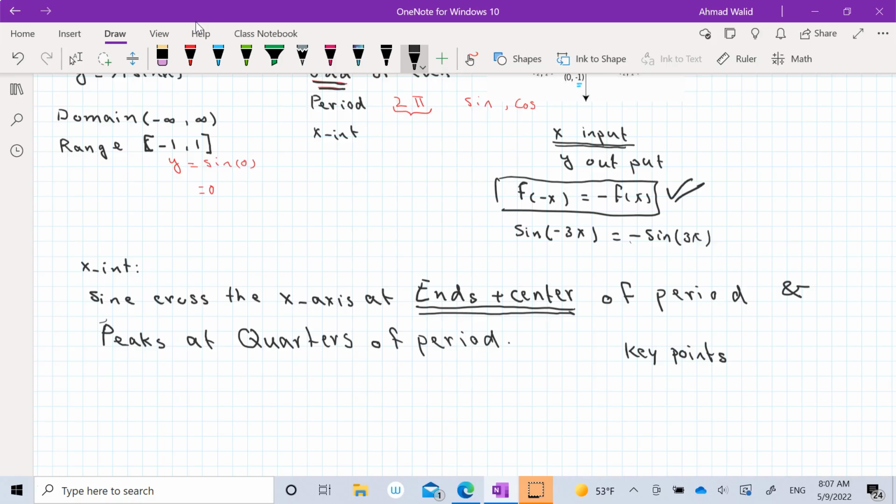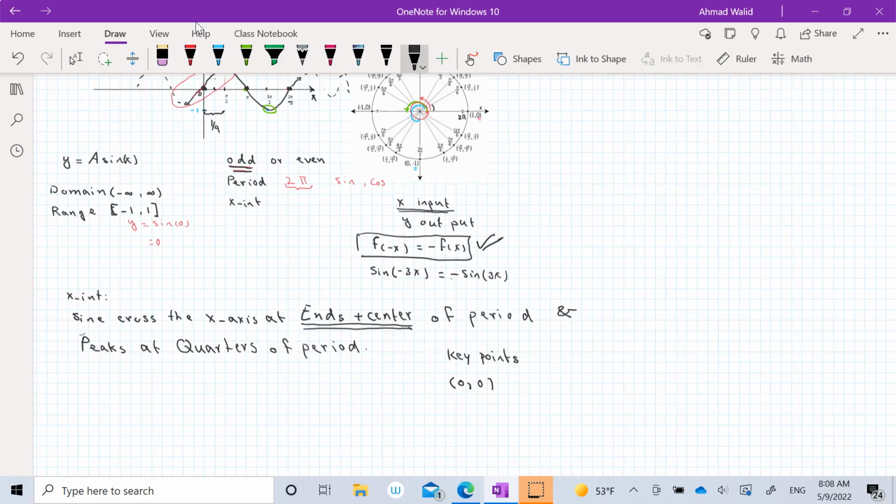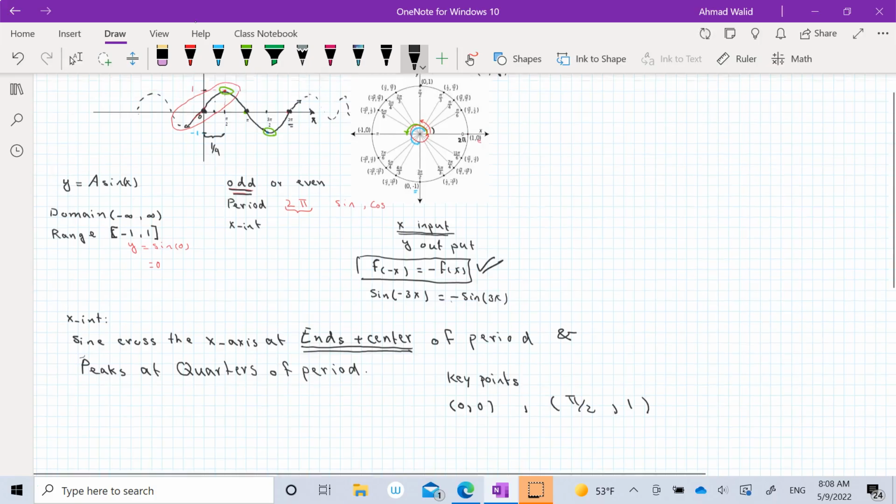I told you when we do shifting, these key points are changing, but still we are using these key points, and it makes it really easy for us to change them. The key points are (0, 0), which was the start of the graph. The other key point is pi over 2 and 1. Correct? We call it key points.